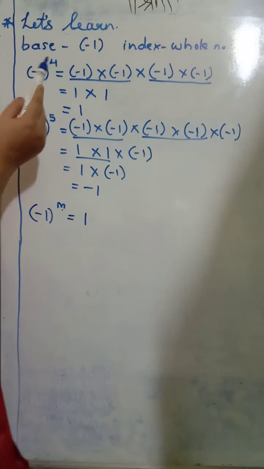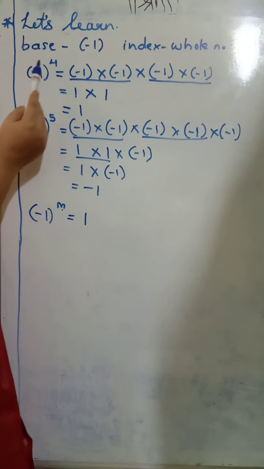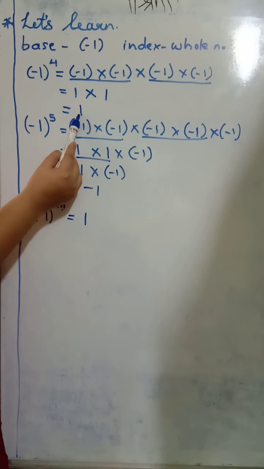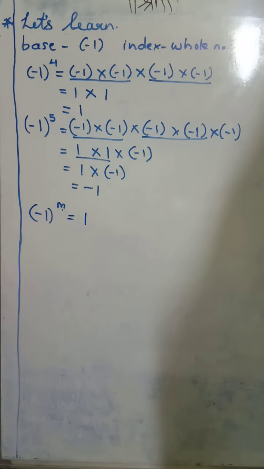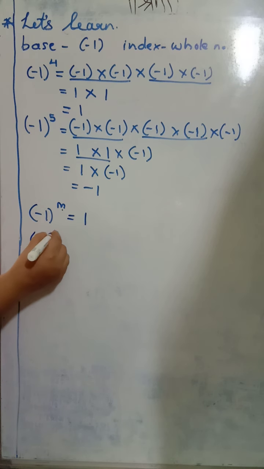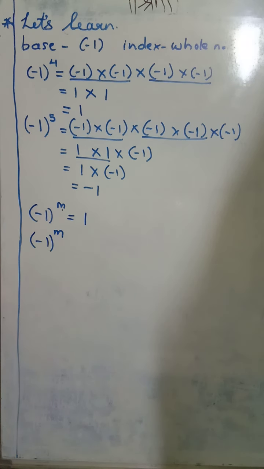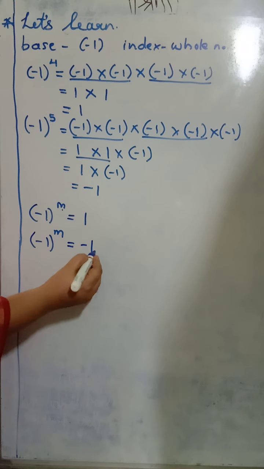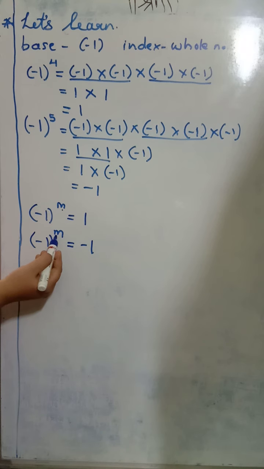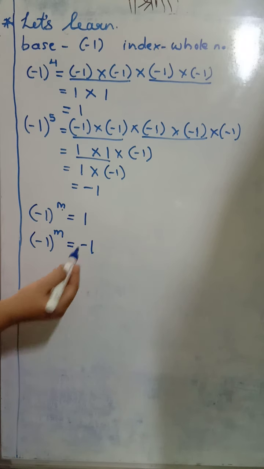See, when our index is even and our base is negative, then our answer is always positive. But if m is an odd number, then negative 1 raised to m will give us negative 1. That is, if the index is an odd number, then the answer will be negative.